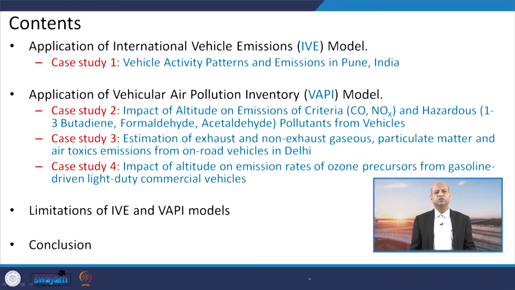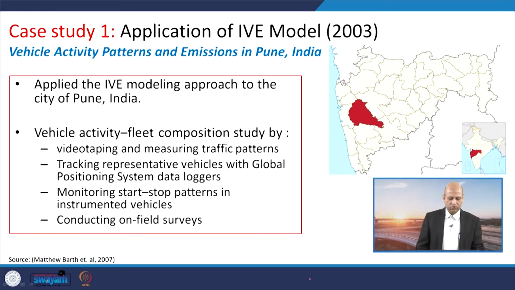And the fourth study is again related to the impact of altitude on the emission rates of precursors of ozone. Okay. So, these will be discussed, and then later on we will discuss the limitations of the IVE and VAPI models. You may recall last time also we discussed certain limitations of the IVE model, and then we will conclude this presentation. So, the first case study is related to application of the IVE model in Pune, India.